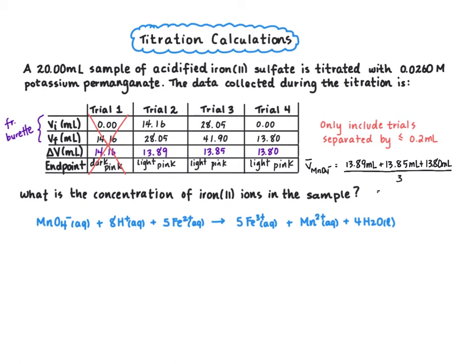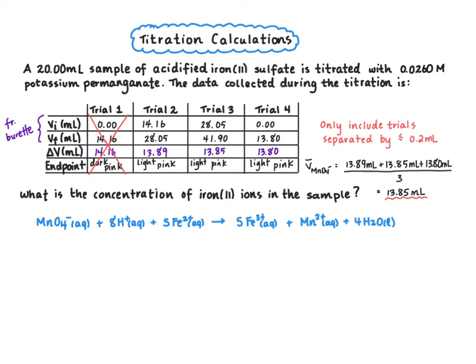And we get an average volume of 13.85. Now that's rounded. And when I do the math for the rest of the question, I'm actually going to carry forward the unrounded number. But I'll write the rounded number down there just for easiness. Okay, so we're actually now ready to solve this problem.